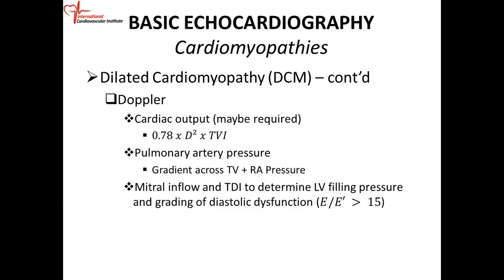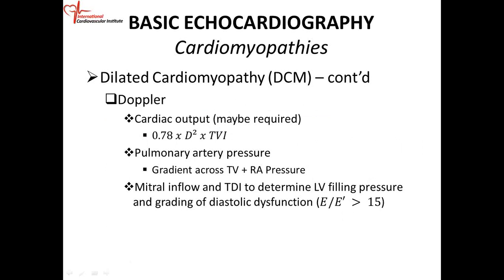All right, so again, you can calculate cardiac output. Remember, in the apical 5-chamber view, you do your LVOT TVI. In the parasternal long axis view, you do your diameter. So your cardiac output is 0.785 times D squared times the LVOT TVI. Okay, and you'll get your cardiac output.